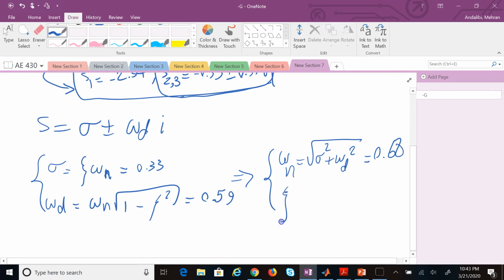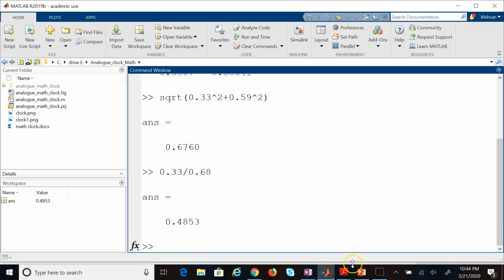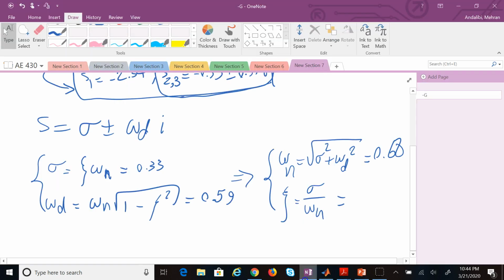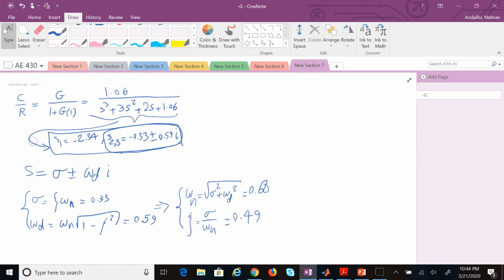And then zeta, of course, is going to be sigma over omega n, which is 0.33 divided by this number. So 0.49. Okay. So you see zeta is around 0.5. Omega n is a little small, but the designer of the system is happy.